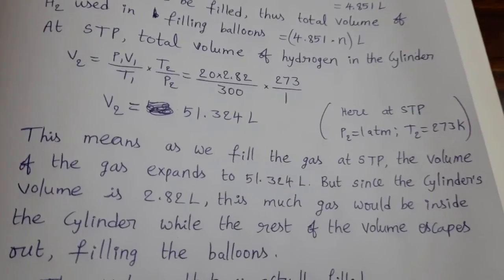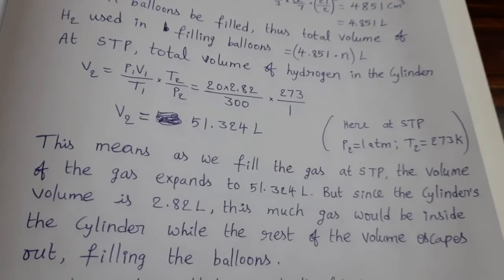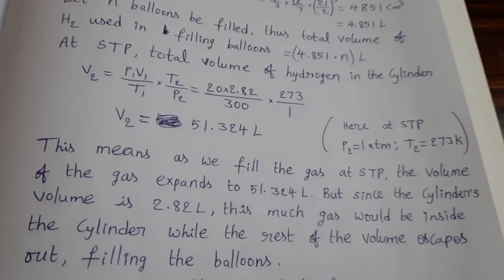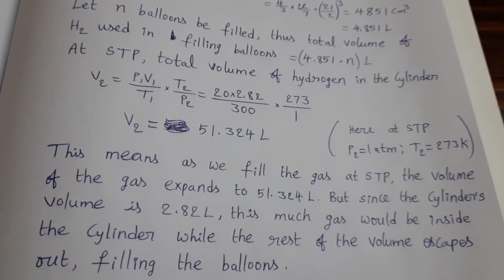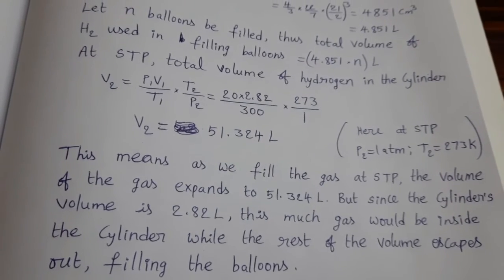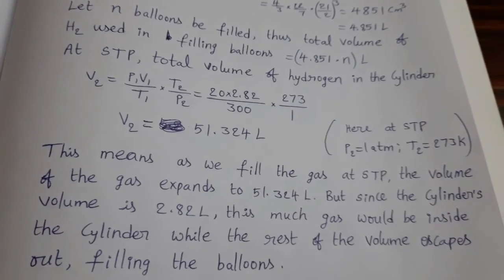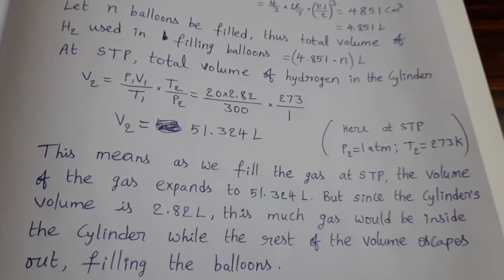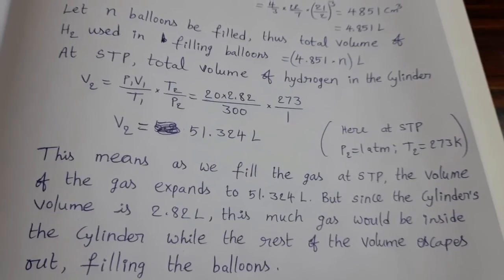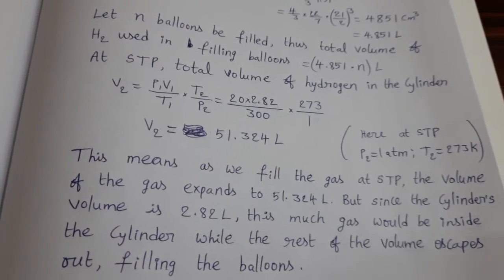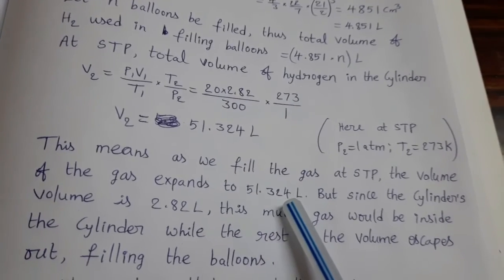Now understand carefully. This means as we fill the gas at STP, the volume of the gas expands to 51.324 liters. Because gas can expand, gas molecules having less attractive forces, that's why they can occupy more volume. At STP conditions, hydrogen gas present in the cylinder can occupy 51.324 liters.